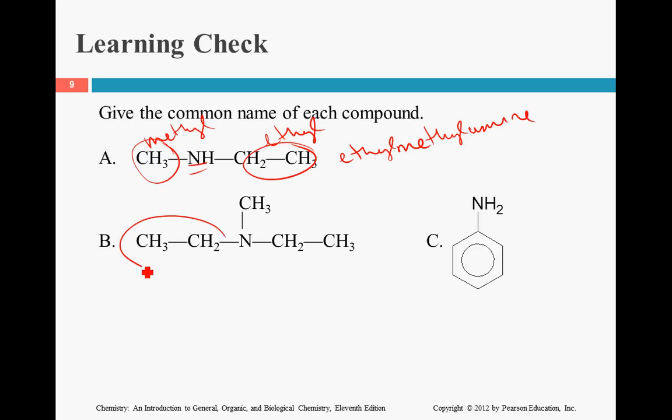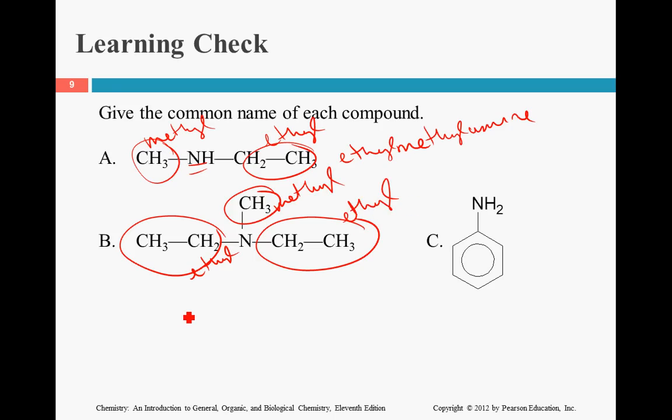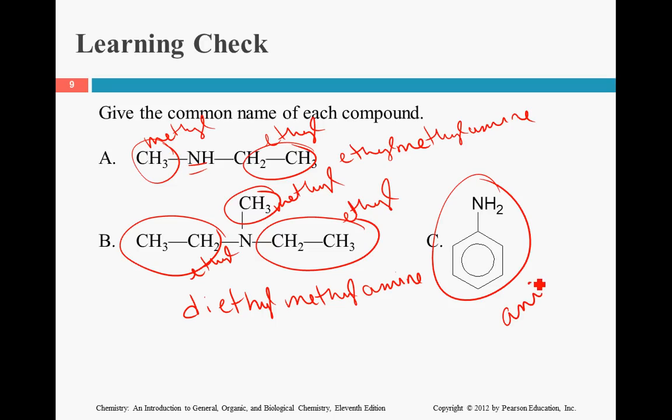For this one, we have an ethyl group here, an ethyl group here, and a methyl group. So it would be diethyl, because there's two of them, methyl amine. And then finally, this is just simply aniline.